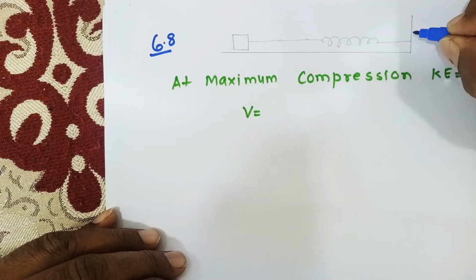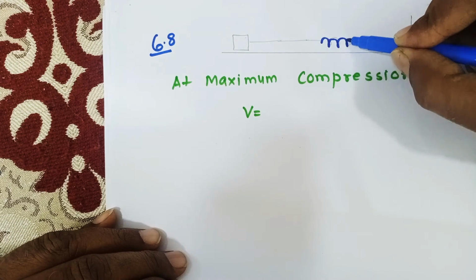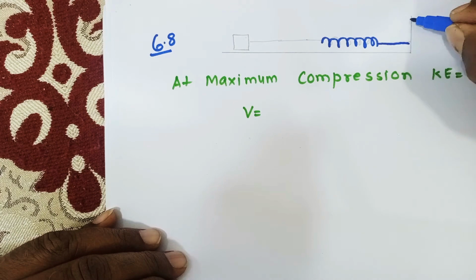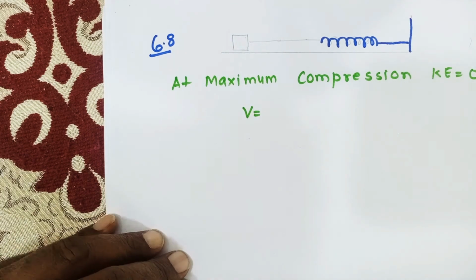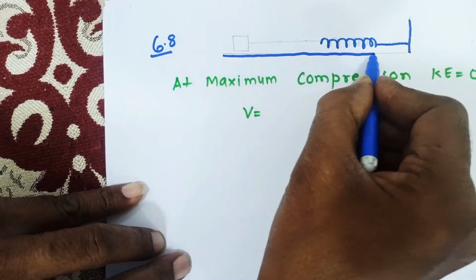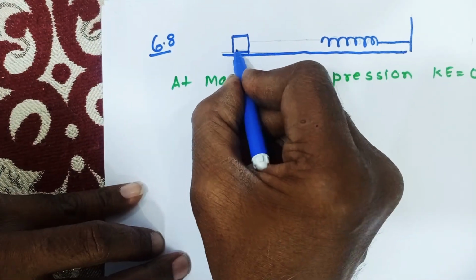So this is our spring, and the spring is mounted here like this. This is the floor and the car is moving here.